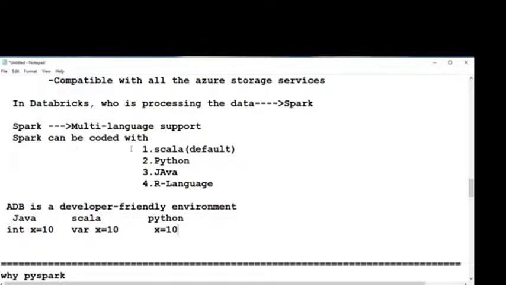So with Spark, the language we are using is Python. PySpark is a Python API to use Spark.